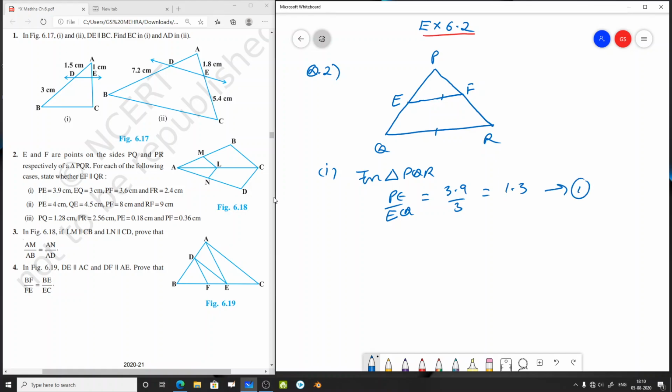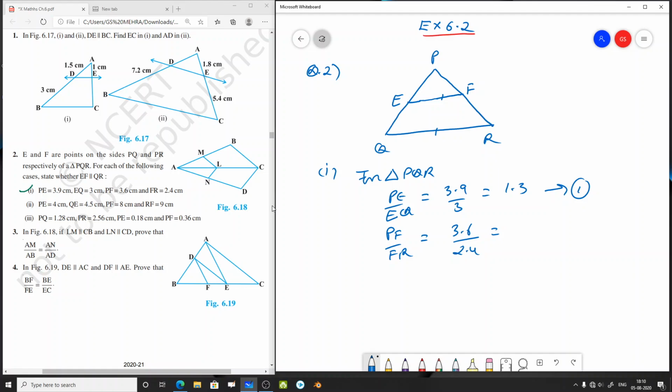Now we'll find the ratio of the other two parts on the side PR. So that will be PF by FR equal to, what is PF? 3.6. FR is from here, the first part, so that is 2.4. Both the numerator and denominator can be divided by 1.2.